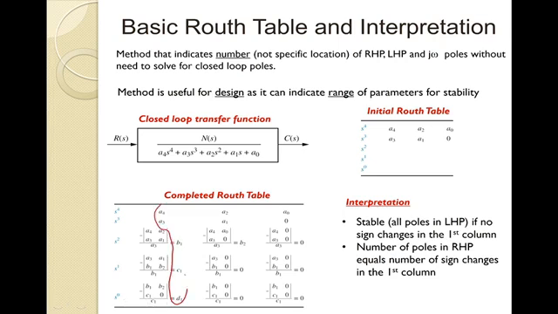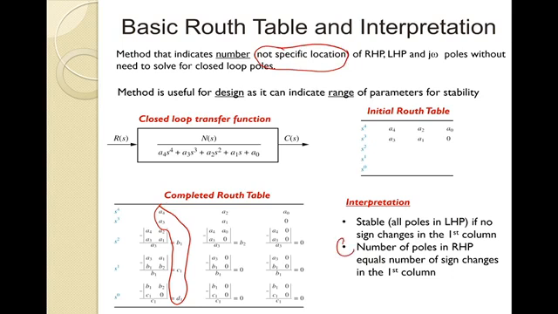We're going to look at all of these coefficients, and if they're all positive or they're all negative, for example, there are no sign changes, and we know from the previous module we're looking at positive signs there. So if there are no sign changes in that first column, we can say that the system is stable. In this case, because it is a fourth order system, we're going to have 4 poles in the left half plane. We don't know the specific location, but we know the number of poles and the stability.